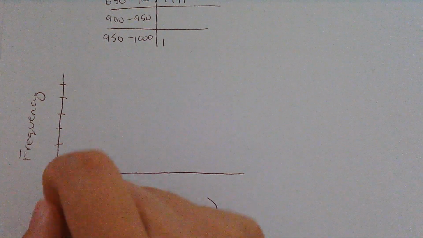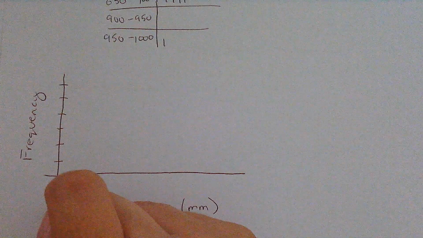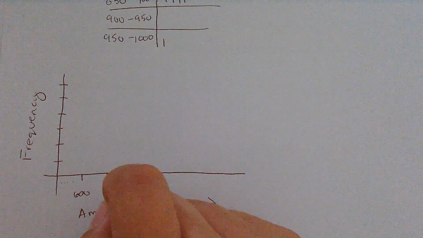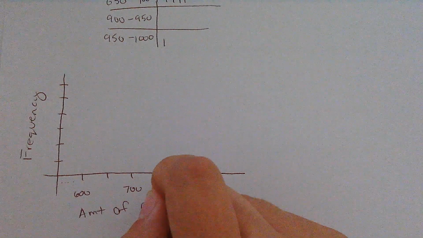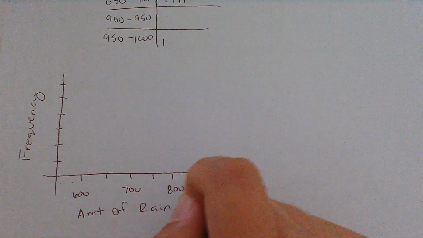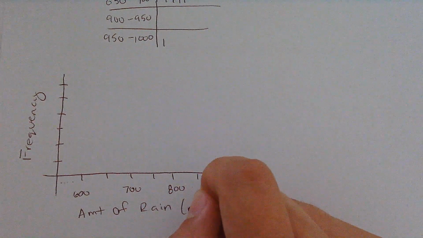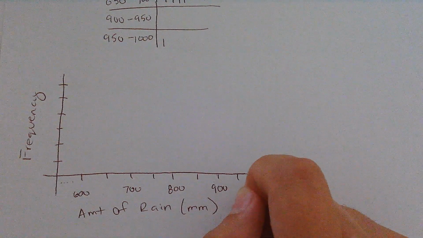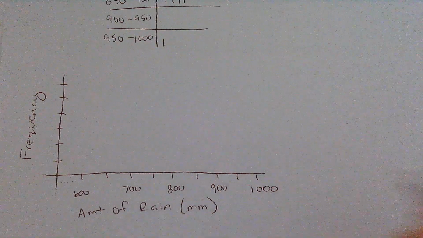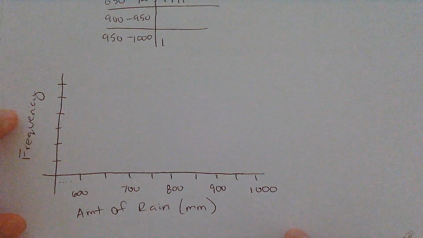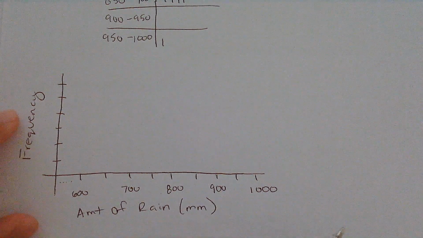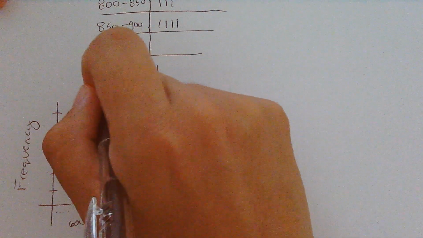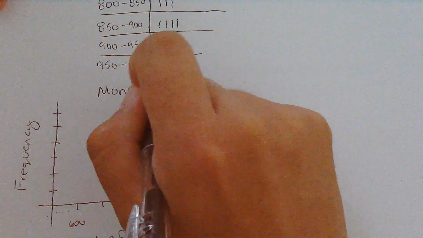I'll put a few dots here and start my scale here at 600, 650, 700, 750, 800, 850, 900, 950, 1,000. So I've got my scale, my axes, and my variable. I need a title, and we're just going to call this monsoon rains. Again, you can get as spicy as you want.